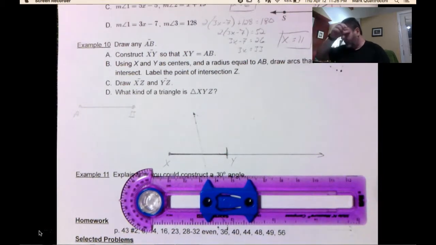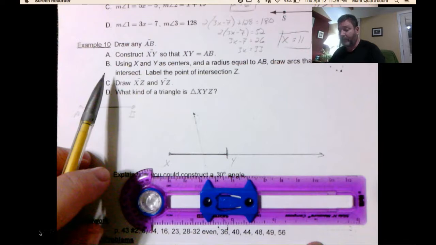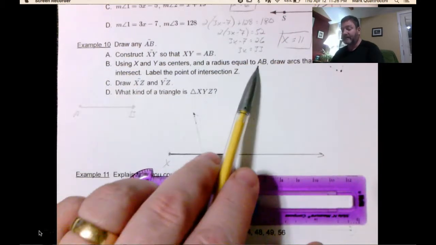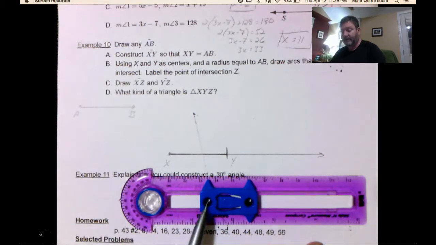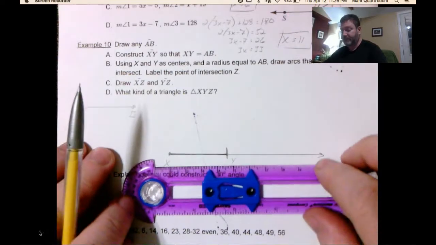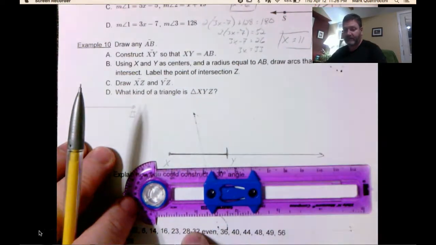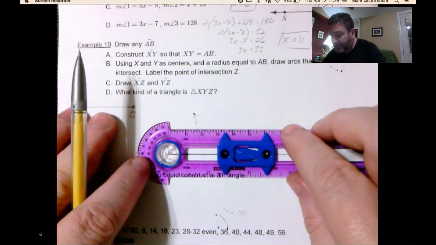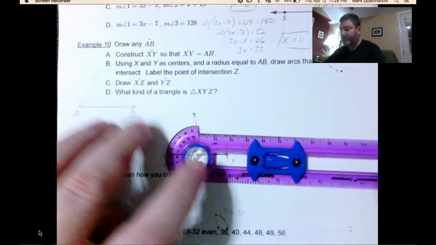Okay. Now, part B, using X and Y as centers and keeping the radius of AB. So the radius that I just used, I'm going to draw two arcs that intersect. I'm going to have them intersect up here. I could have them intersect down below, but I have open space up here. So that's where I'm going to draw my arcs.